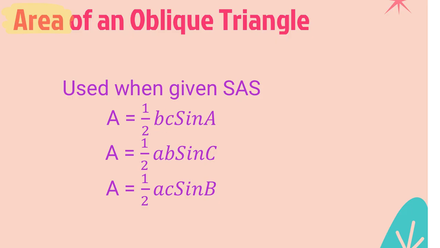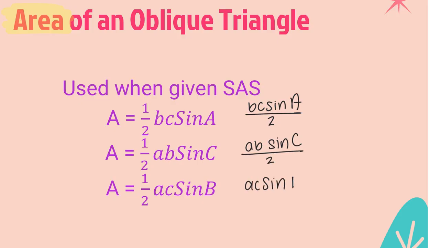Now, instead of writing that fraction, I like to write it as BC sine angle A over 2, AB sine angle C over 2, and AC sine angle B over 2.